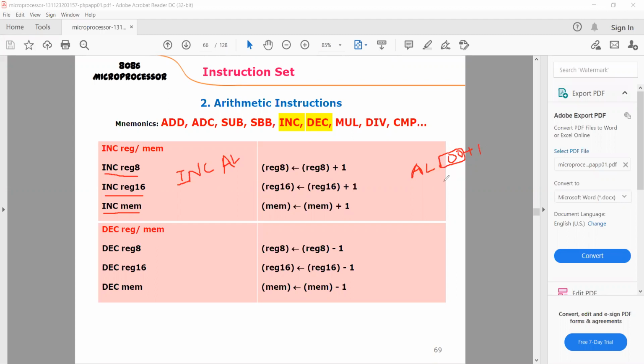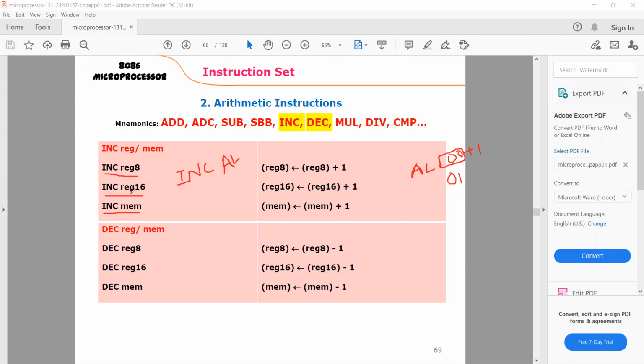That means now what will be the content of the AL register? 0 1 0 1. That is the meaning here. Whenever you specify the register in the instruction, the contents of the register will be affected. That you have to understand.